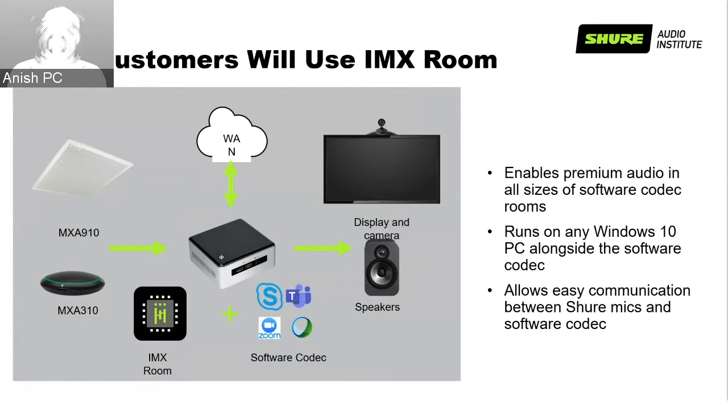So IntelliMix Room is installed directly to this in-room PC along with the video conferencing software, and you can add Dante-enabled microphones, speakers, and other VC equipment like the camera and display monitors, and the customer will have a fully operational room for an enhanced conferencing experience.